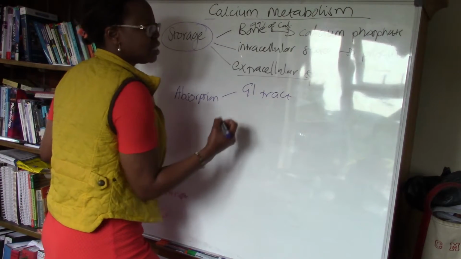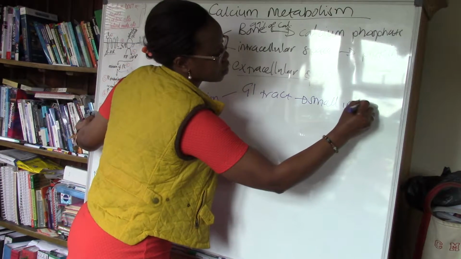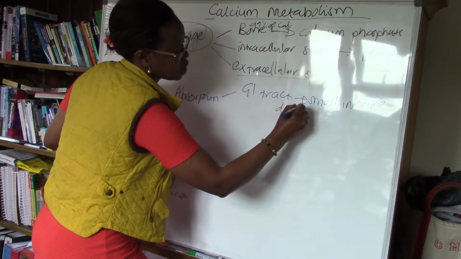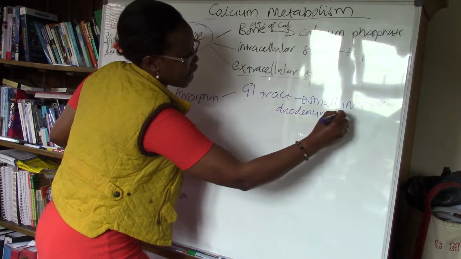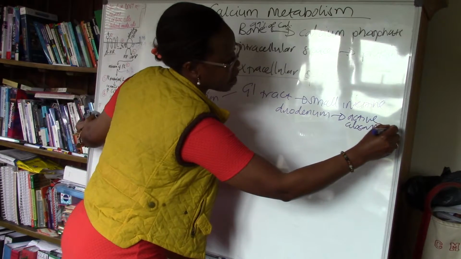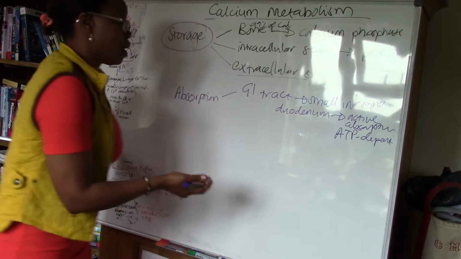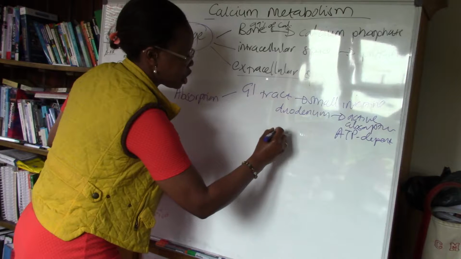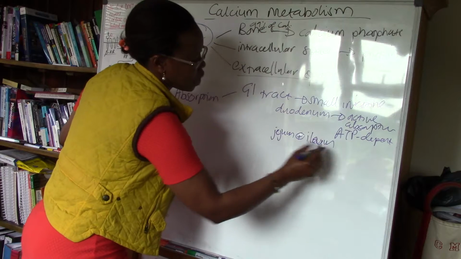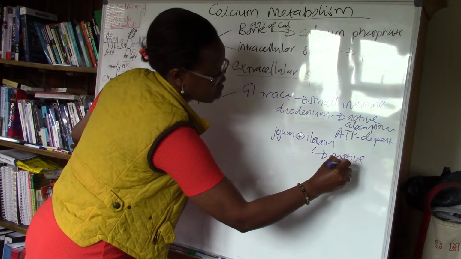The absorption is in the small intestine, mainly in the duodenum, where there is active absorption. Obviously, when we talk of active, we mean that it's ATP dependent. And also in the jejunum and ileum, where there is just passive absorption.